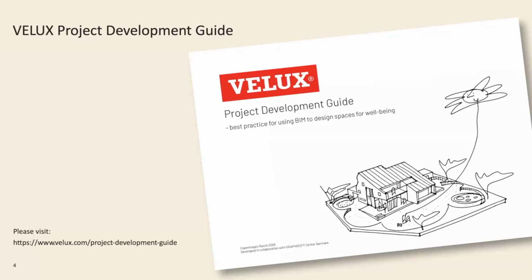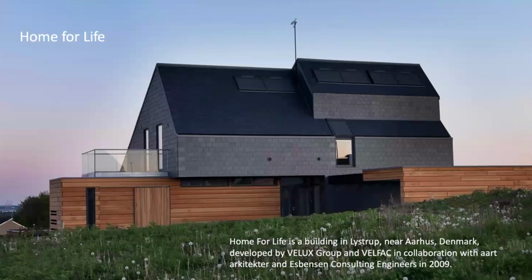The Project Development Guide is based on a real life project in Lystrup, just outside Aarhus in Denmark. It's called Home for Life. It's a VELUX building from 2009, and back then it was already a landmark of sustainability within small housing. We let ourselves be inspired by this project and used it for producing the drawing material, doing the sketching, detailing phase, the LCA and everything.